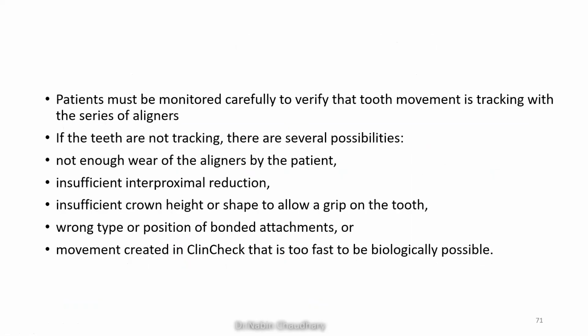And also, when doing Invisalign treatment, the patient should be monitored carefully to verify that the tooth movement is tracking with the series of aligners. And if the teeth are not tracking, we should investigate the possible causes.